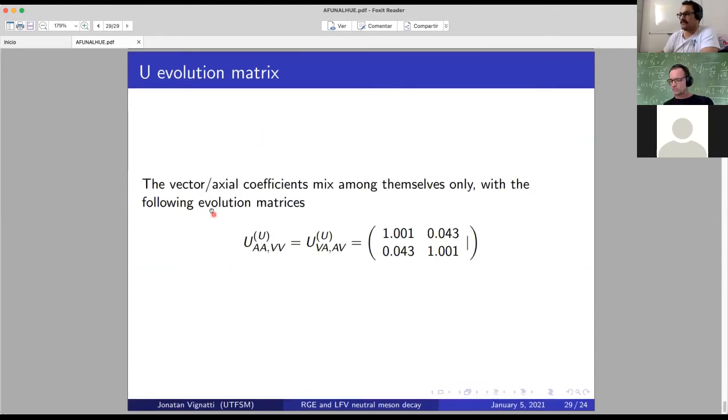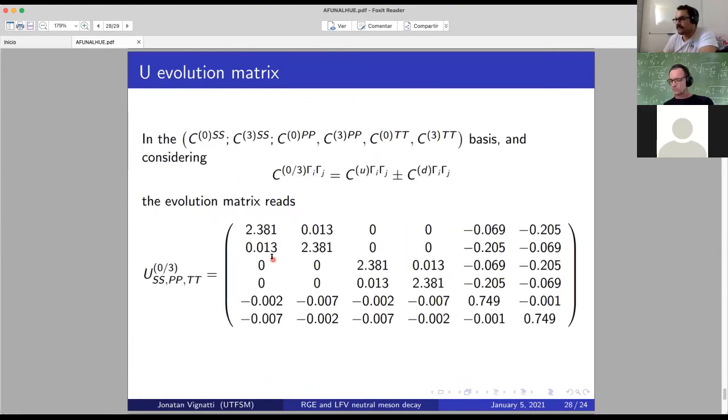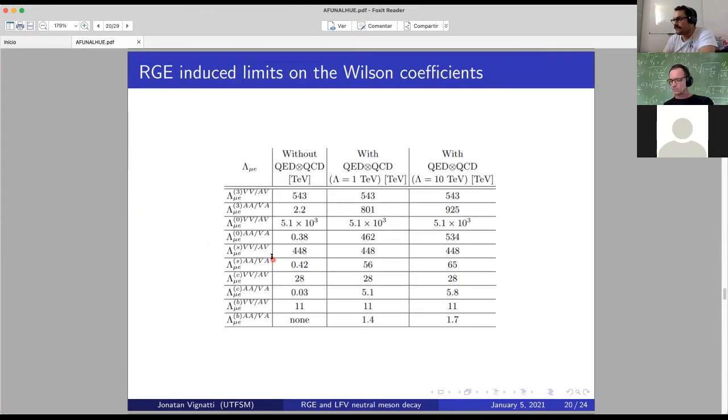The vector and axial coefficients mix among themselves only, axial to vector. So let's see in this table that axial and vector coefficients are mixing according to the matrix mentioned in the last slide.